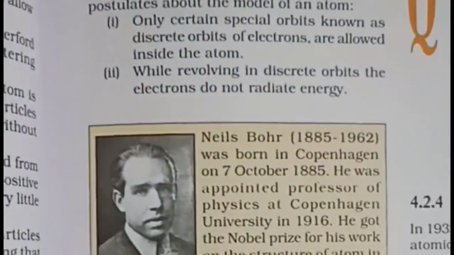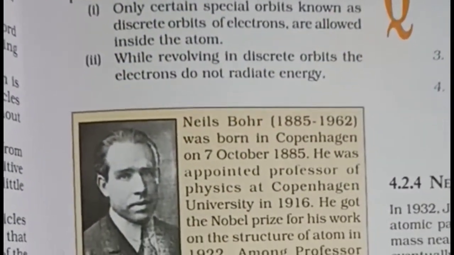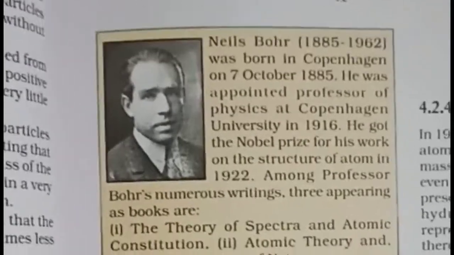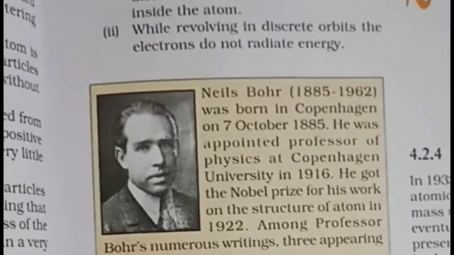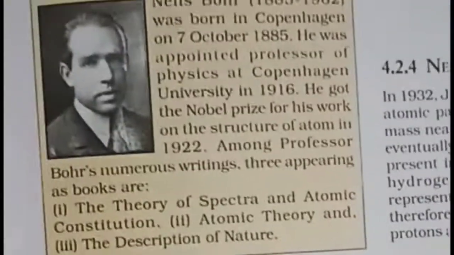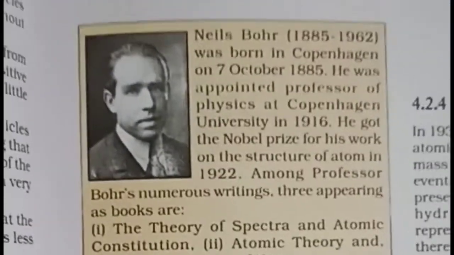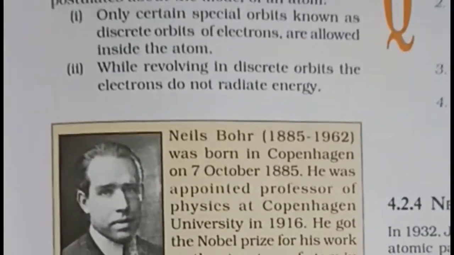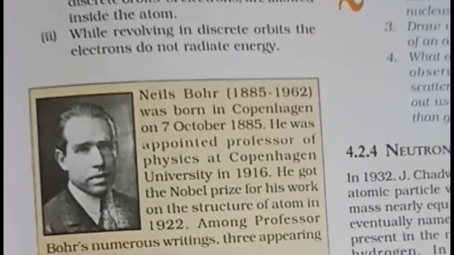And I had told in the video second part that we will do in detail Bohr's model of an atom in the third part. So today I am going to explain in detail about the Bohr's model of the atom.